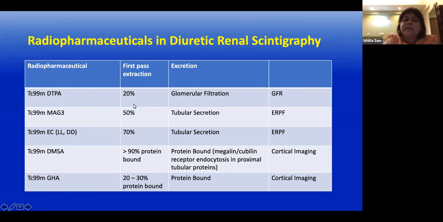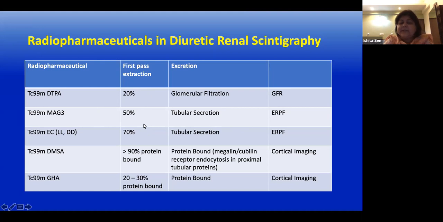The problem with DTPA is that there is only 20% first pass extraction, so the image quality can be improved as compared to MAG3, where the mode of excretion is tubular secretion, and it has a first pass extraction of 50% as compared to the 20% of the DTPA.